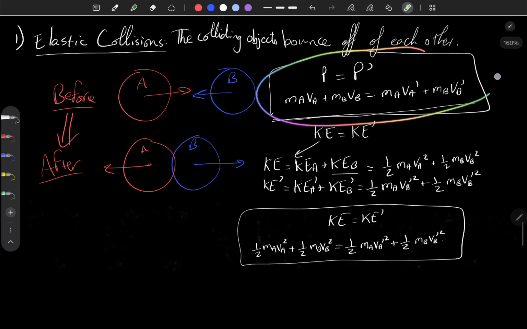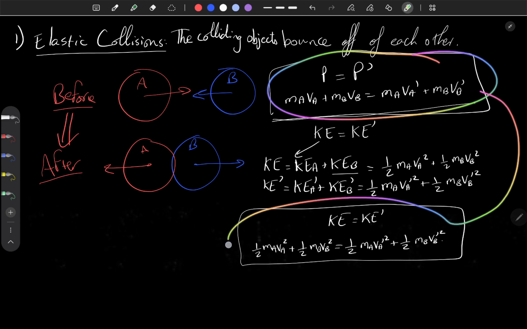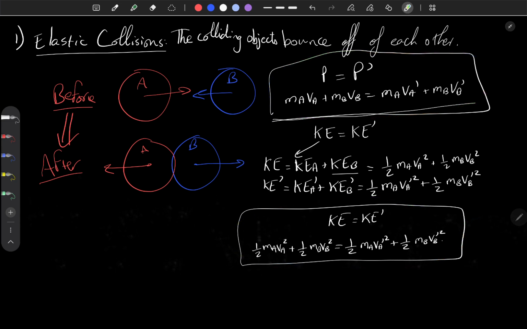We're going to use this conservation of momentum in combination with the conservation of energy to solve our exercises. In the next video, you're going to see an example of how we use these two formulas in combination with each other to solve such a question where you're only given information about the collision before it happens.